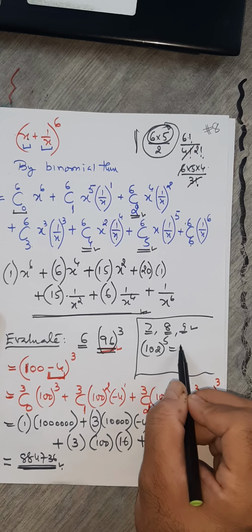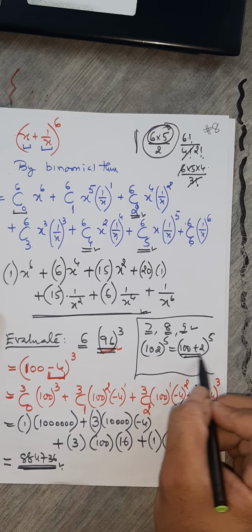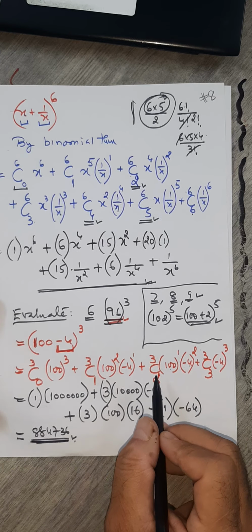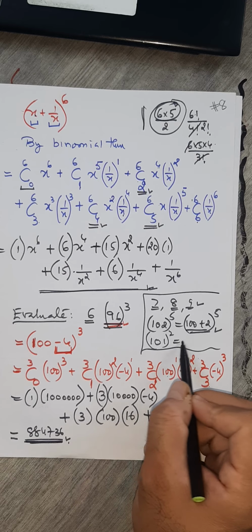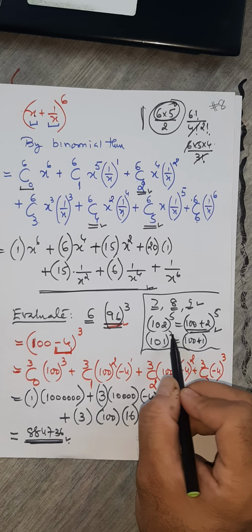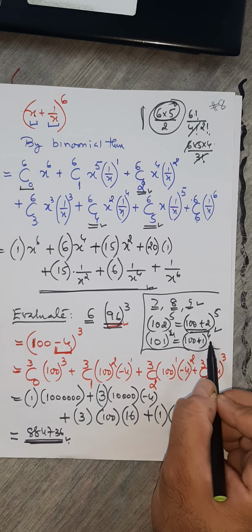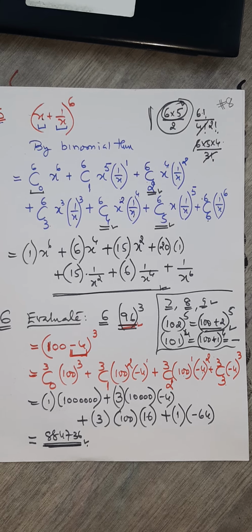So you can write it as (100 plus 2) and expand it as I did there. Next question, that's 101. 101 you can write as what? (100 plus 1) the whole raised to 4 and expand it. And 99 you can write as 100 minus 1. So finished up to 9th question.